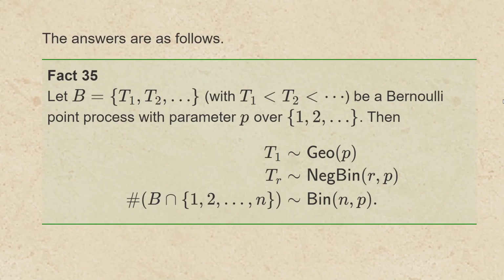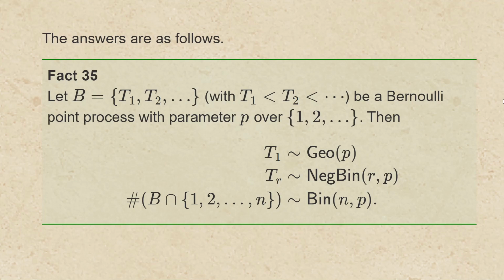The answers to these 3 questions are as follows. Let B equal t sub 1, t sub 2, etc., with t sub 1 less than t sub 2, and so on, be a Bernoulli point process with parameter p over the positive integers. Then the time until the first point, t sub 1, has a geometric distribution with parameter p. The time until the rth point, t sub r, has a negative binomial distribution with parameters r and p.